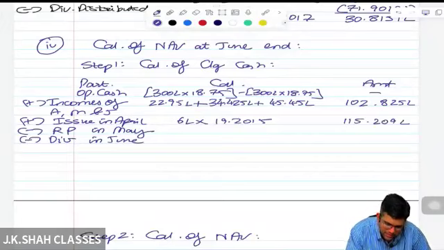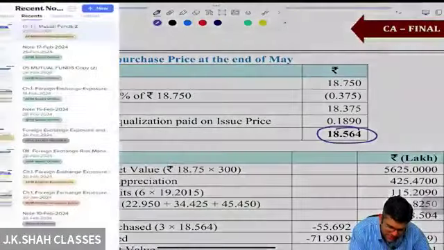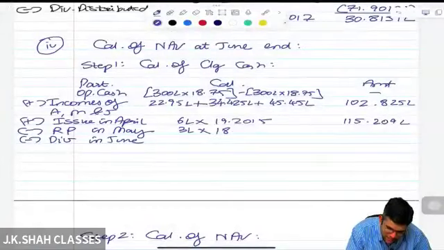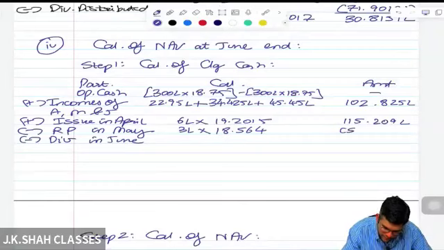Then in repurchase in May, 3 lakh units we repurchased, and for each one we paid 18.564. So 3 into 18.564, and that comes to 55.692 lakhs.